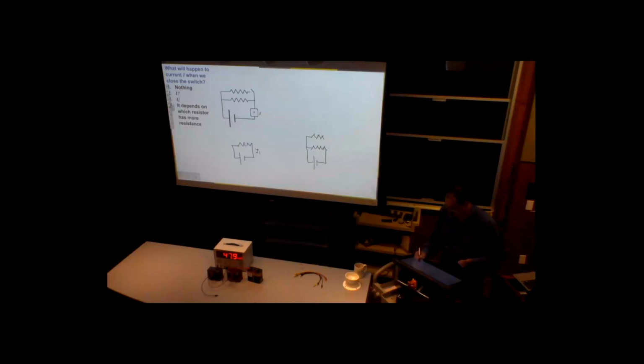So now here we have R and another R. The same EMF, the same EMF. This is current number 2, and the question is, what is the relationship? That's it. Current 1 will be equal to EMF over R, and current 2 will be equal to EMF over R equivalent.